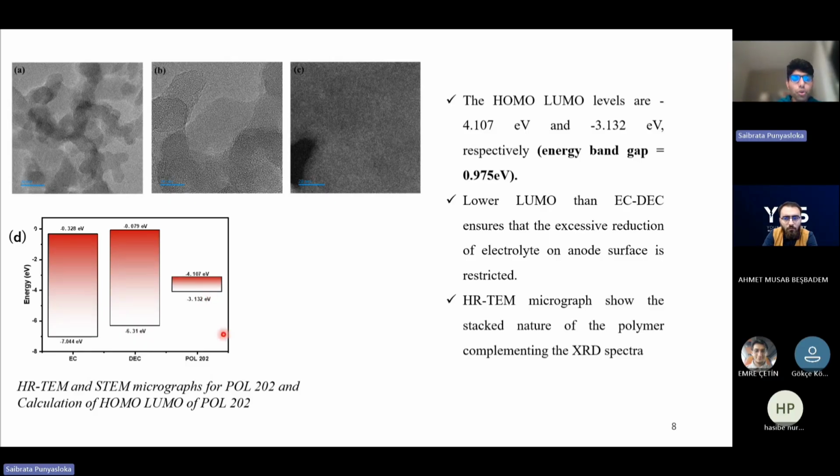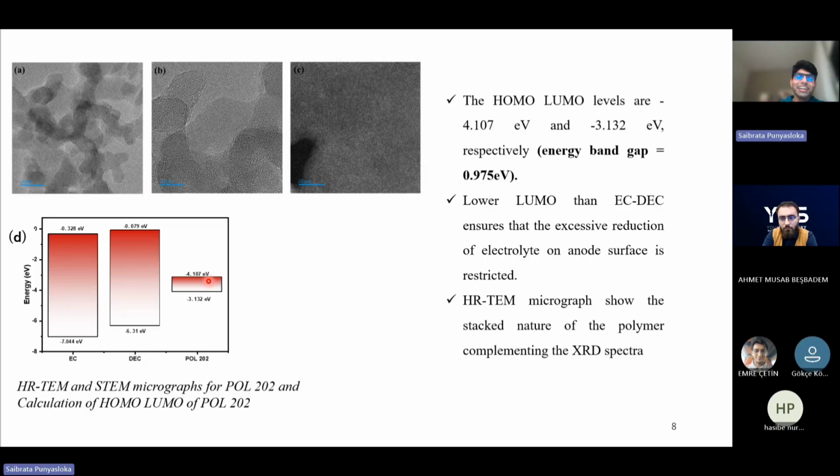Now, because of this low-lying LUMO level, which is much lower than EC and DEC, the probability that the electron is accepted into this orbital rather than this orbital is higher. So what happens is excessive electrolyte reduction doesn't take place. Remember, electrolyte reduction will anyway take place.